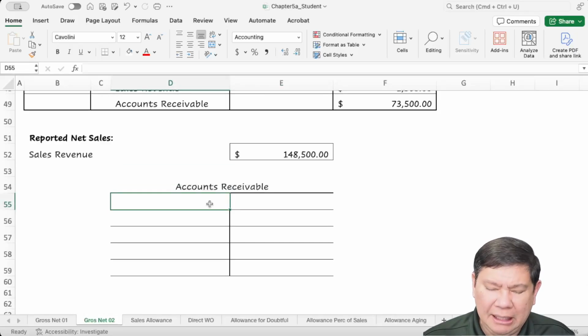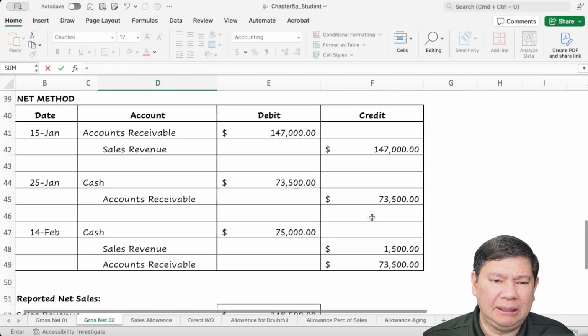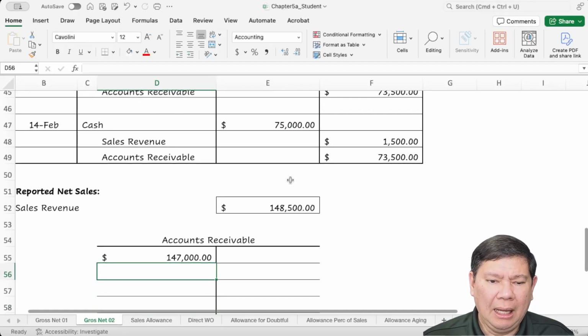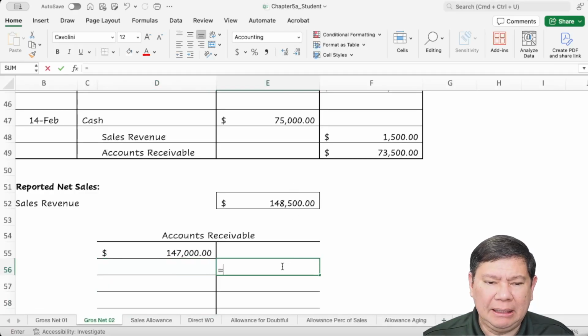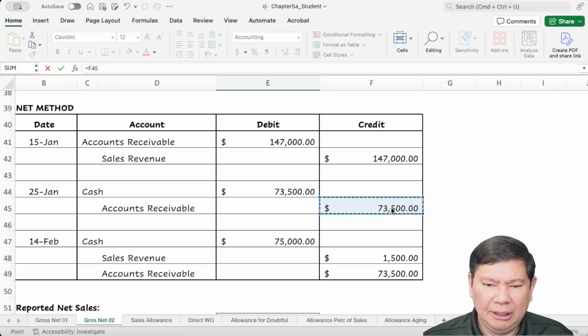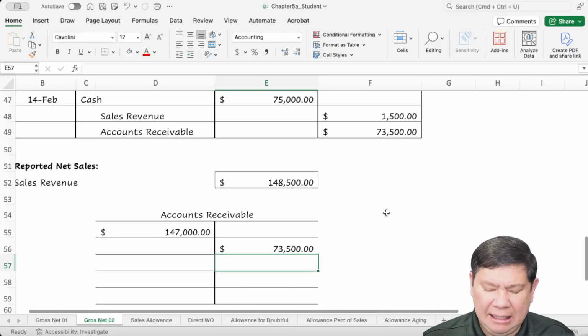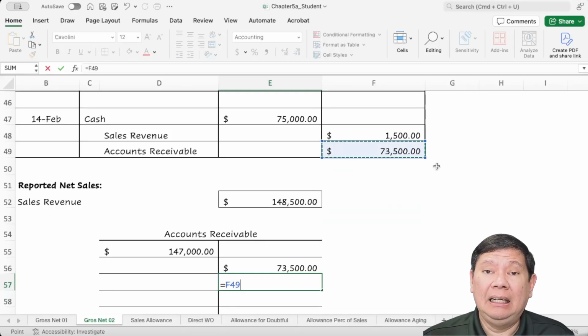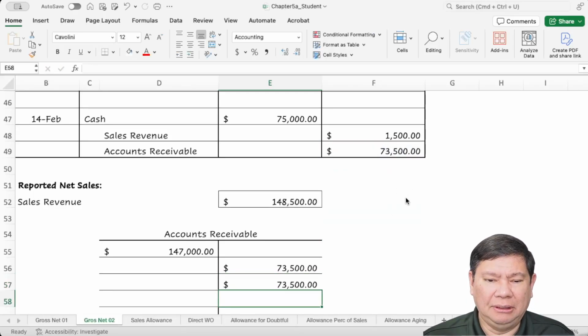Now let's take a look at the accounts receivable. When we recorded the accounts receivable the first time, it was already based on the net amount. And then with the first payment, the accounts receivable was credited at the net amount. And then with the second payment, accounts receivable is credited again with the net amount.